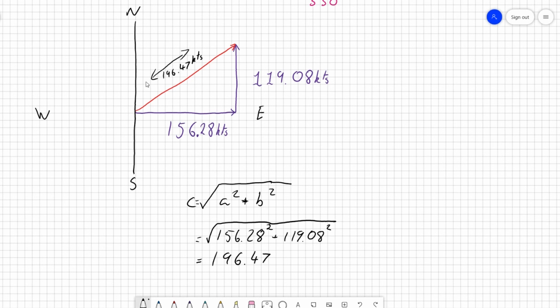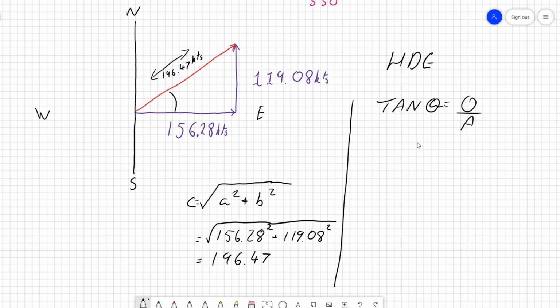All I really need to do now is to work out my heading. Okay, so given the information I have, I can work out this angle in here using tan. So tan theta equals opposite over adjacent. So if I look here and I call this theta, this would be my opposite, this would be my adjacent.